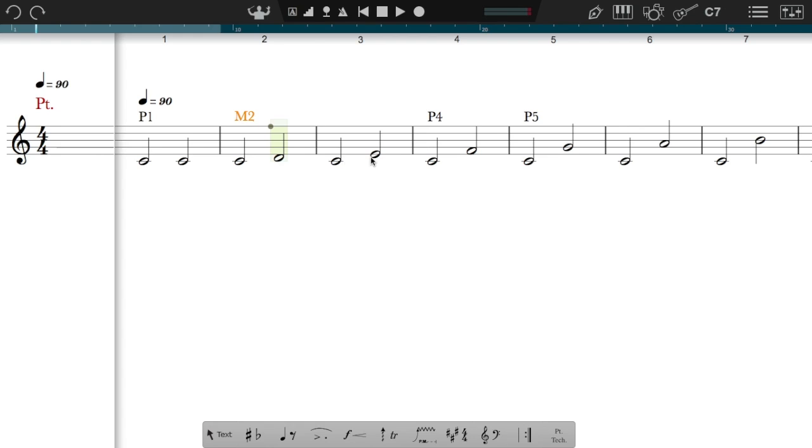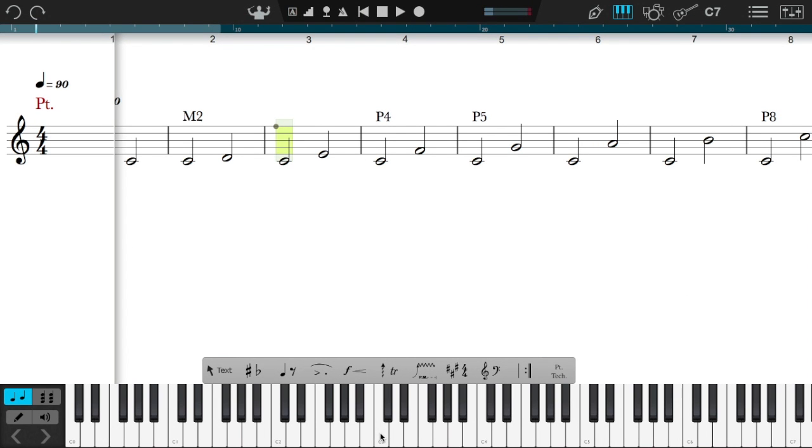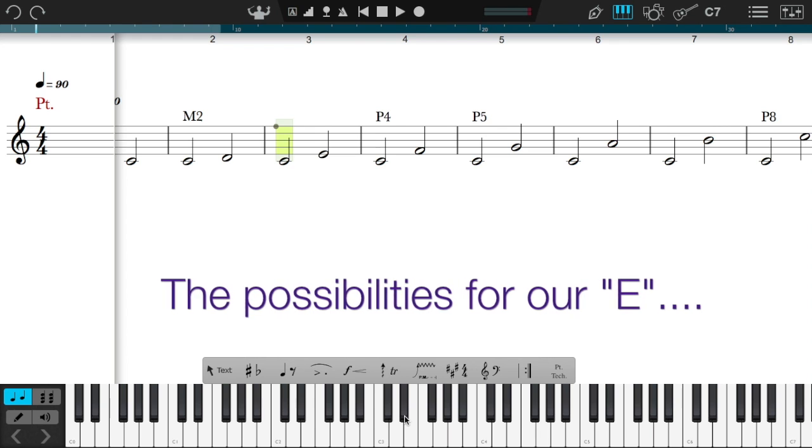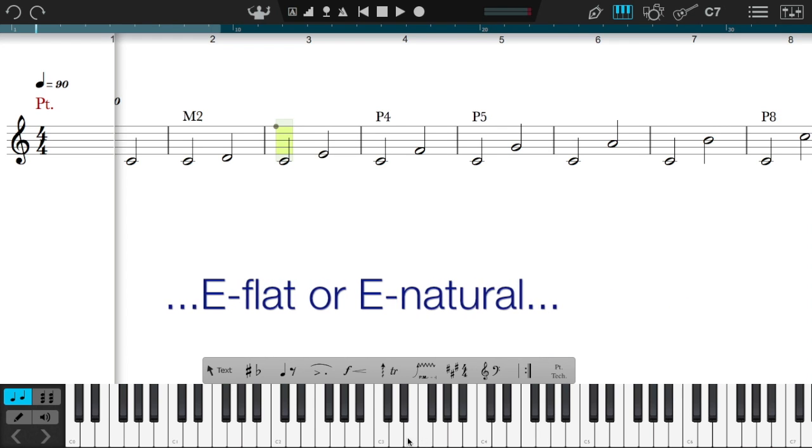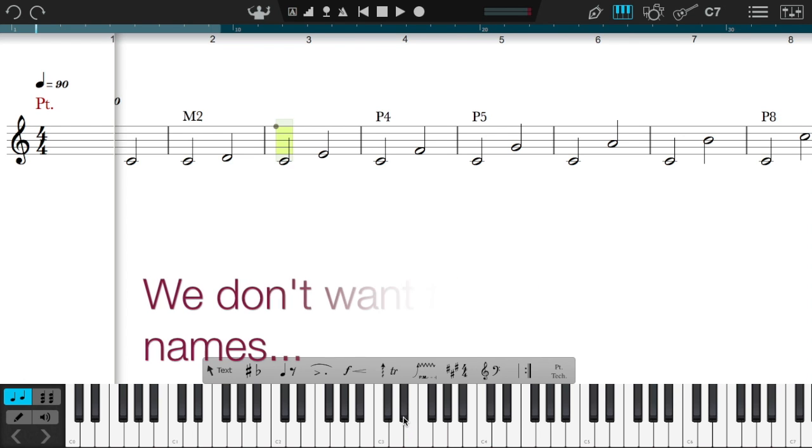Now, how about a third? We have a C and we have an E. If you look at our piano keyboard, we could have an E flat, possibly, right? Could have an E sharp, but that would go to F natural. So we have a choice of E or E flat.